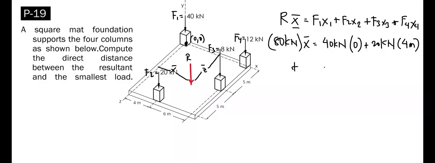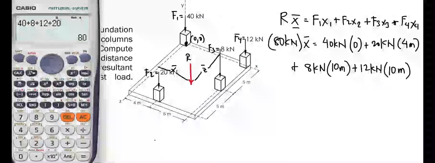And then plus F3 of 8 kilonewtons times its distance along the x-axis, that is 4 meters plus 6 meters, equal to 10 meters, plus F4 of 12 kilonewtons times its distance of 4 plus 6 meters, that is 10 meters. Now we'll solve for X bar.